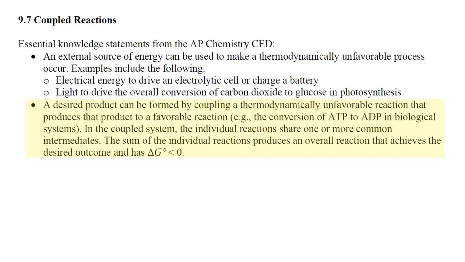A desired product can be formed by coupling a thermodynamically unfavorable reaction that produces that product to a favorable reaction. And in the coupled system, the individual reactions share one or more common intermediates, and the sum of the individual reactions produces an overall reaction that achieves the desired outcome and has a delta G less than 0.